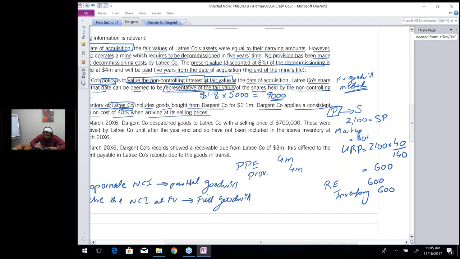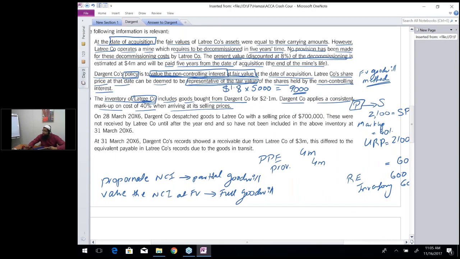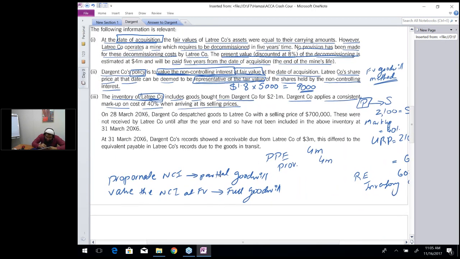But the question has something further to say. The question says that on 28 March 2006, which is just 3 days before the year end, Targent company dispatched goods to Latrick company. The selling price was $700,000.